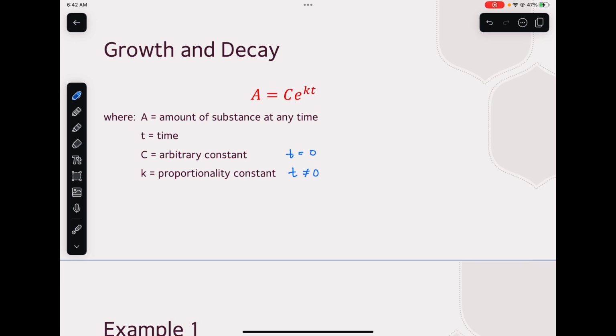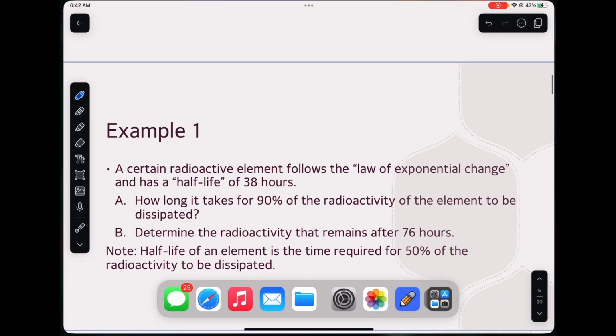As long as we have another initial value other than 0, we can find the proportionality constant k. Once we have found C and k, we will reduce our working equation into an equation of the dependent variable A and the independent variable t, and thus we can solve problems involving growth and decay.